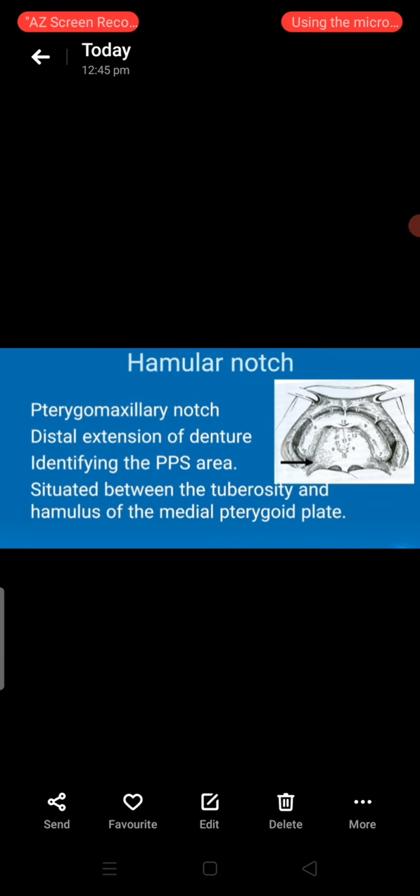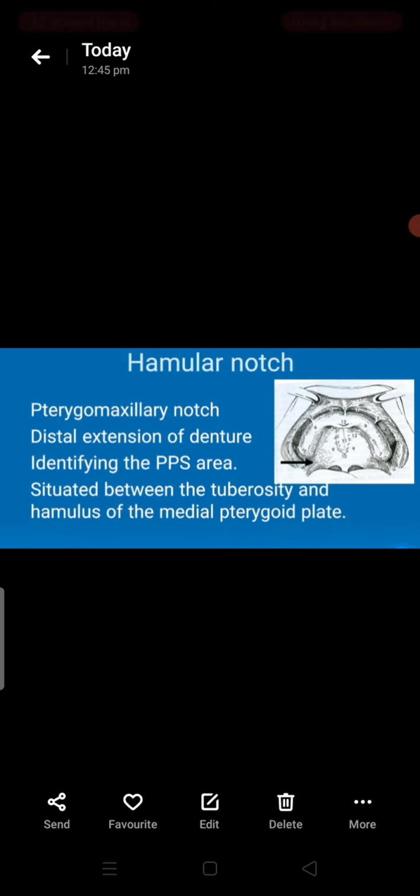Now come to the hamular notch, which is a posterior limiting structure. Hamular notch is the pterygomaxillary notch, the distal extension of a denture. Meaning it limits the denture posteriorly. Beyond the hamular notch, we should not extend the denture.